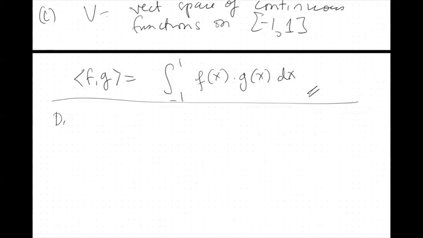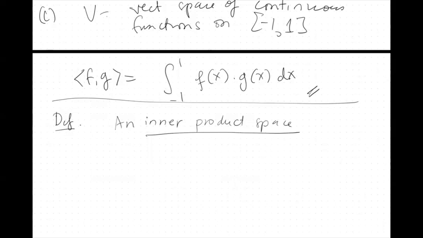So now we have defined an inner product. Now let us consider a space associated with an inner product. An inner product space is a vector space V with an inner product.